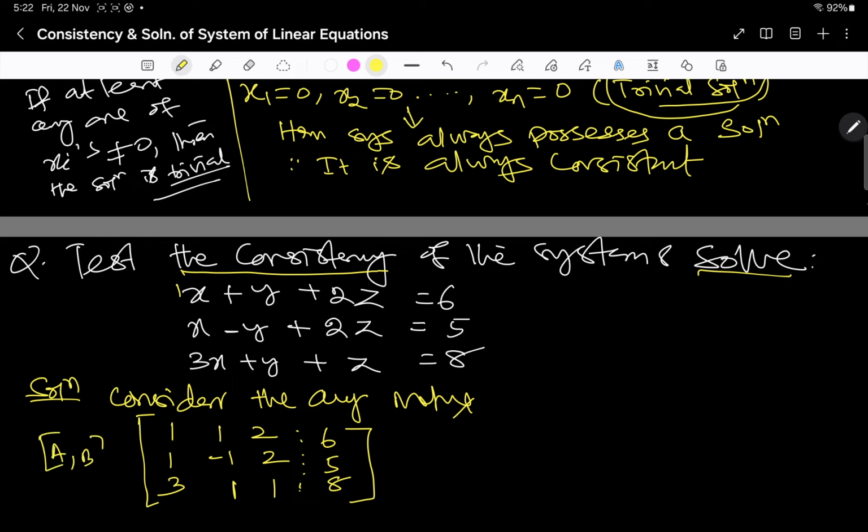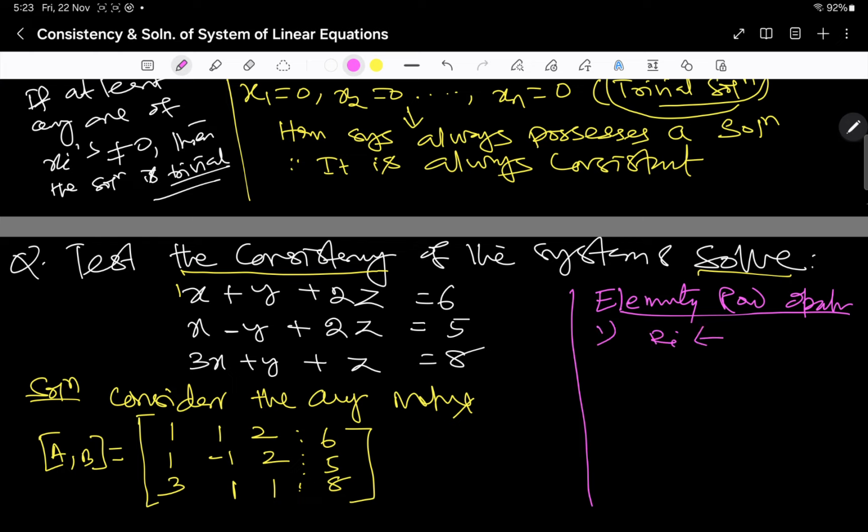Now we apply row operations to this matrix to bring it into an upper triangular form. Let me recall the elementary row operations. I have already told you in my earlier two lectures on Gauss elimination as well as rank. First, we can interchange any two rows.